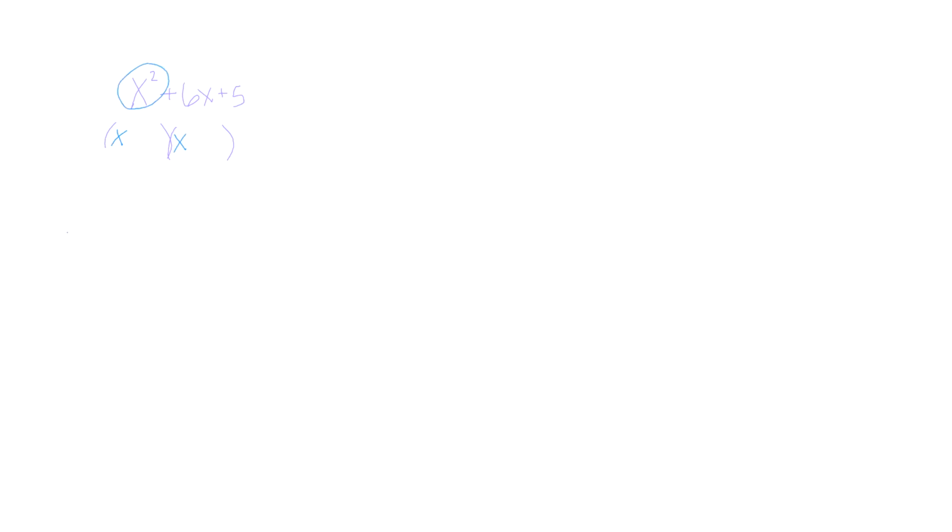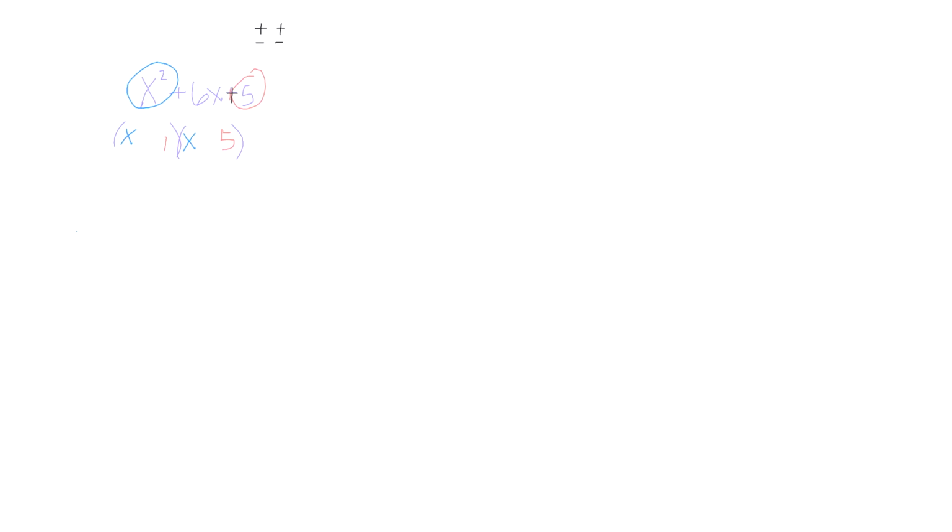The last term, what times what gives me 5? 1 times 5. This is a plus here, right? My second sign is a plus. So I know I either need 2 pluses, both of those terms have to be positive, or both of those terms have to be negative.